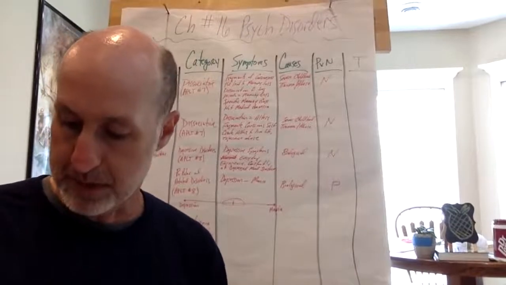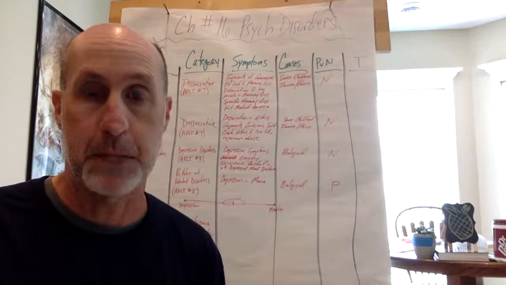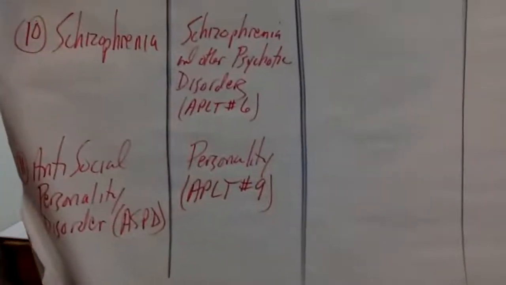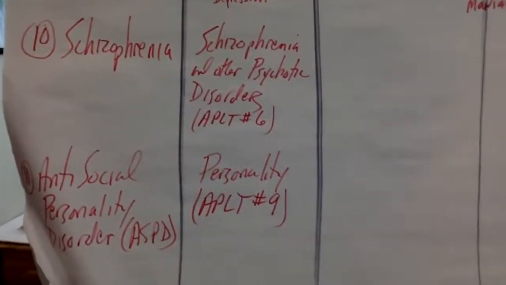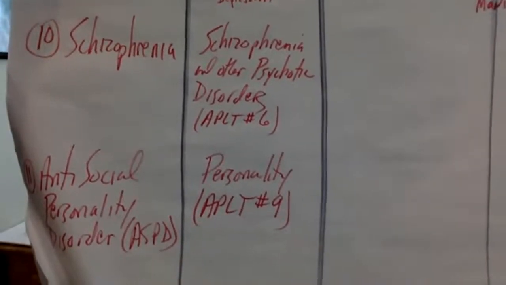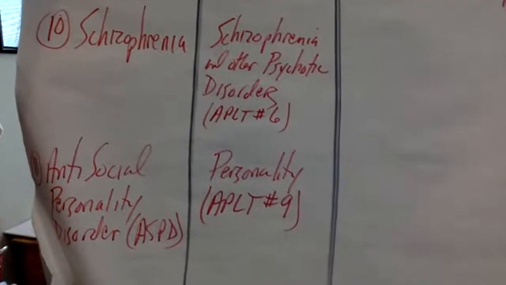Let's continue on. We're going to go in order of the textbook. Today we are going to talk about number 9, schizophrenia, number 10, schizophrenia, and number 11, antisocial personality disorder.